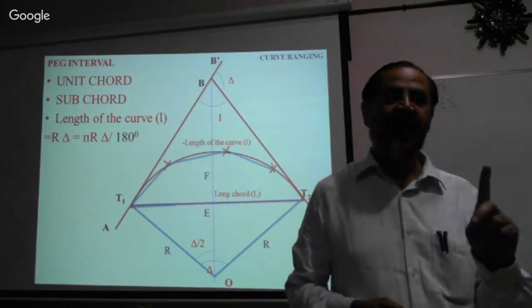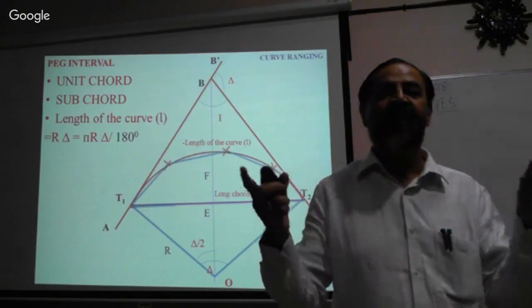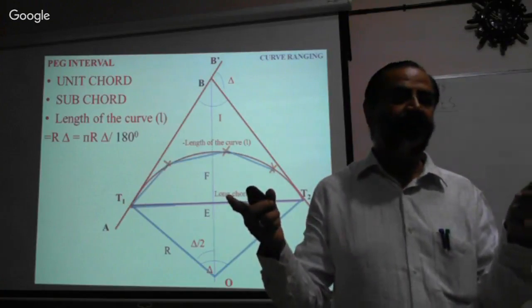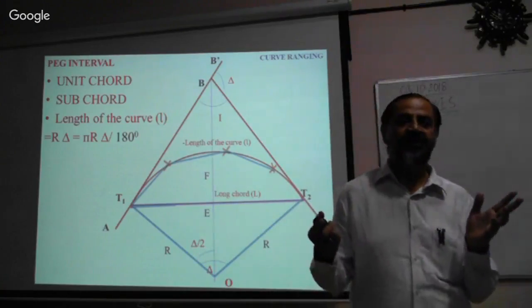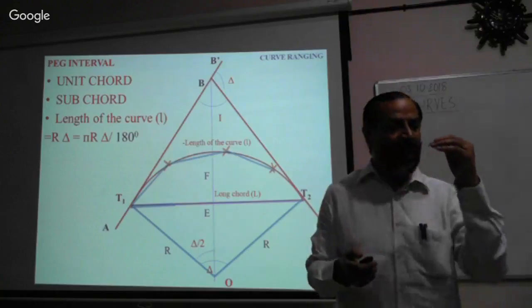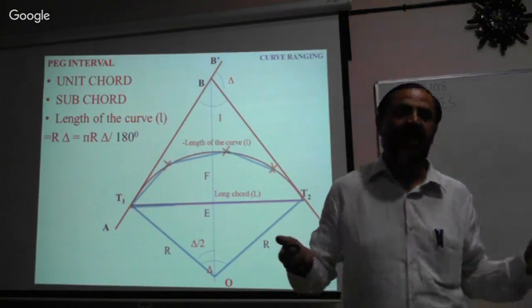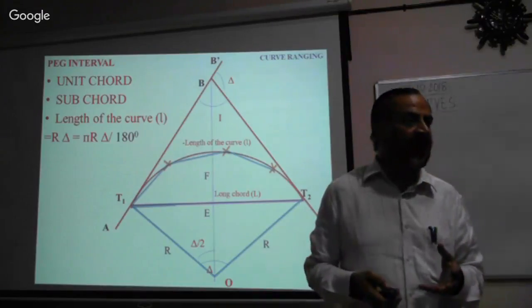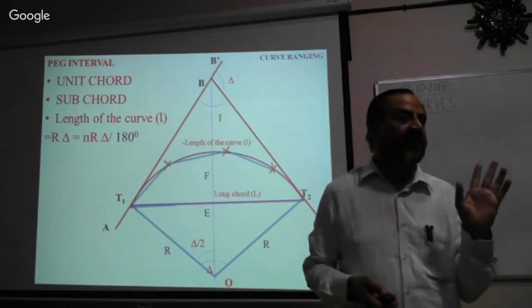Now please understand, if you divide the curve into more number of cards, you will get a better curve. But we can't do hundreds or thousands of cards. Therefore, you have to decide the best card length.